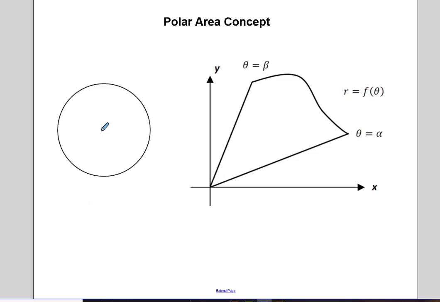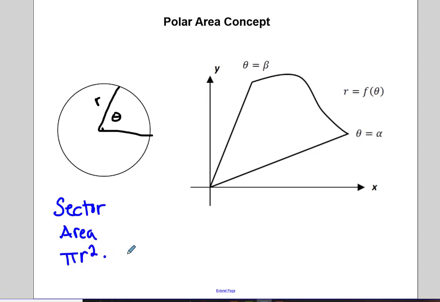So if you think about the circle, we have this sector here, where we have the radius and the angle theta. So the sector area is going to be pi r squared, that's the area of the circle, times the fraction of the circle that's shaded. So that would be theta over 2 pi.